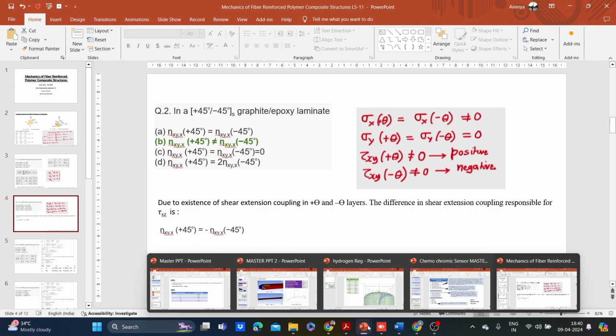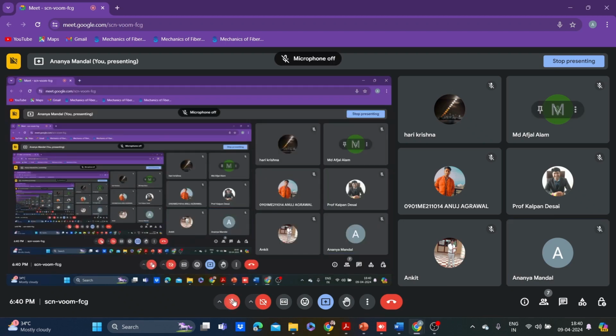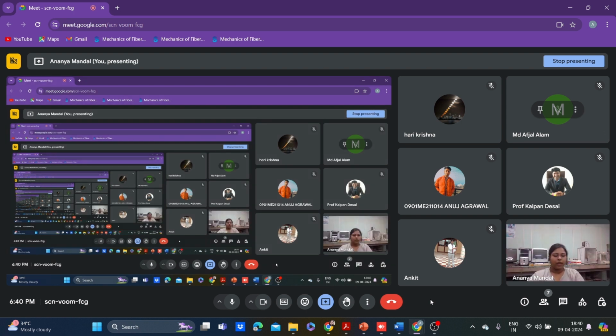Can you see? It is like this, crisscross. See, this is plus 45 and this is minus 45. If there is some shear stress, it will move like this. Because the angles are the same, the shear will be such that this one moves positive, but for minus 45 it is opposite.